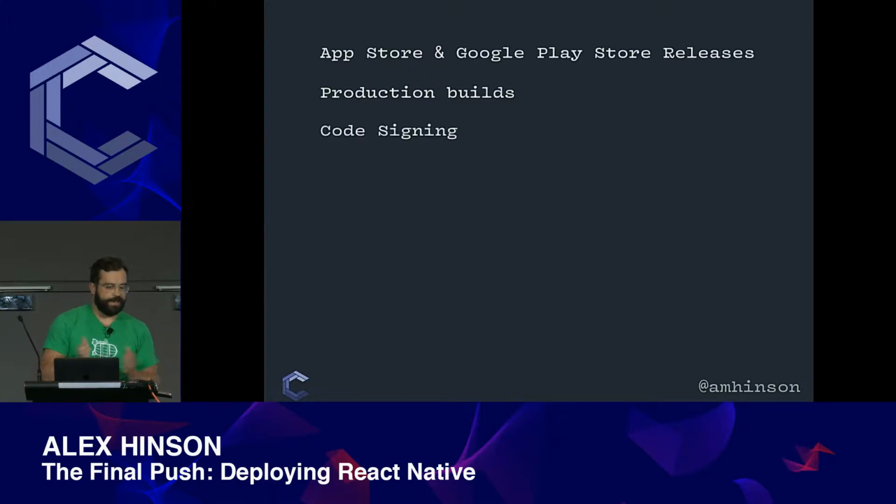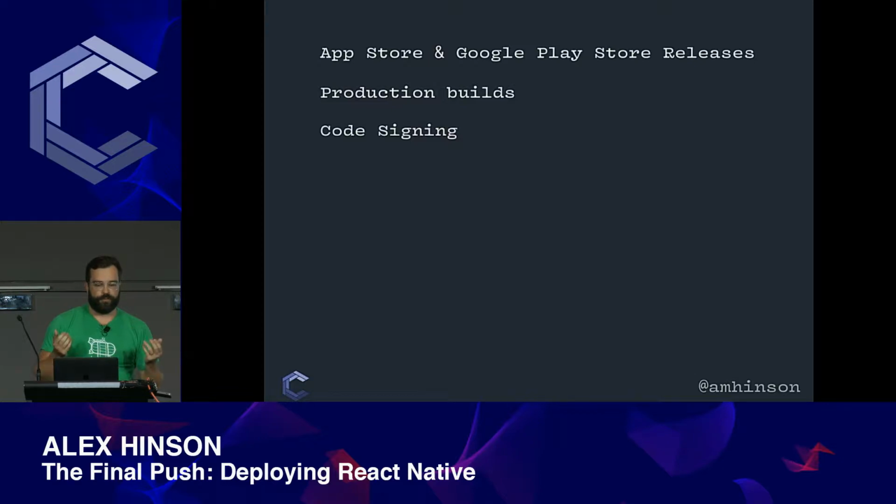Code signing. If you've never heard of or experienced code signing with any mobile application, you're a very lucky person. This is probably one of the most difficult aspects of releasing an application. In theory, it's a strategy that Apple and Google utilize to make sure that each release of an application is created by an authorized individual, but in practice, it gets pretty confusing if you aren't familiar with what it's for and how it works.